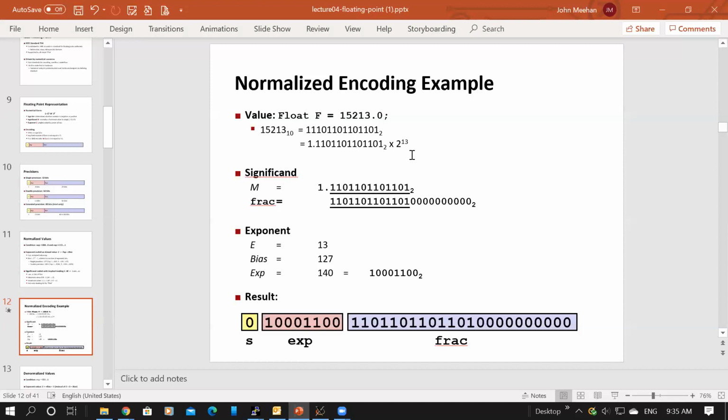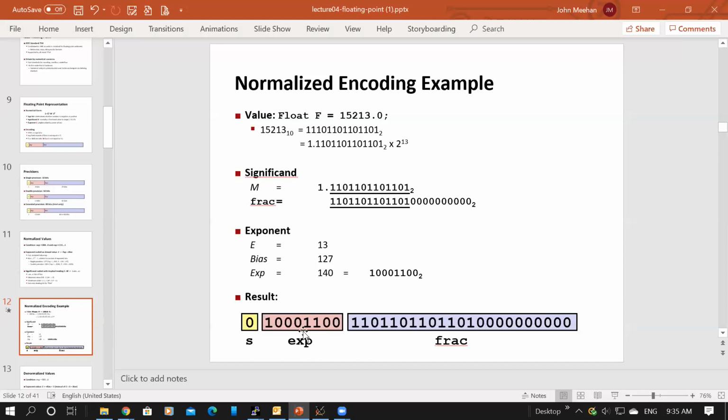So that being the case, the fractional part, the significand, this 1 dot all this stuff, we're going to have an implied one. I'm not going to store it. And then we just take the fractional part and put it in our 23 bits that we have. And there it is sitting in there.